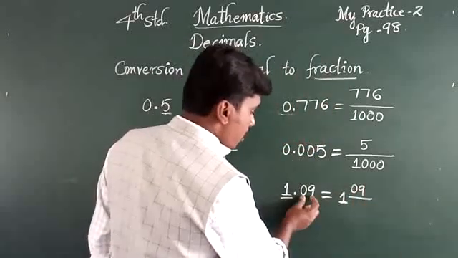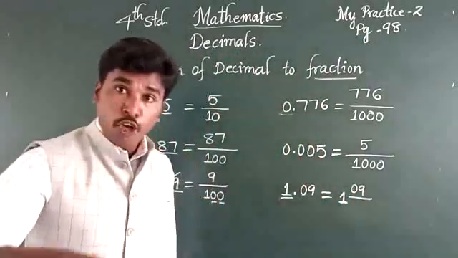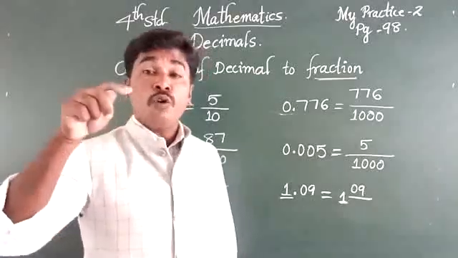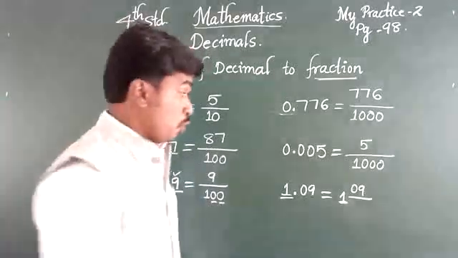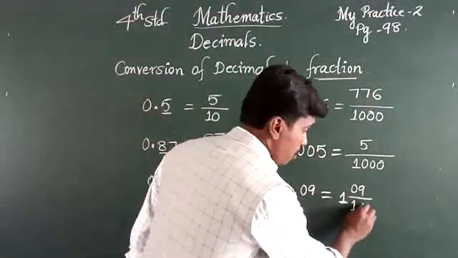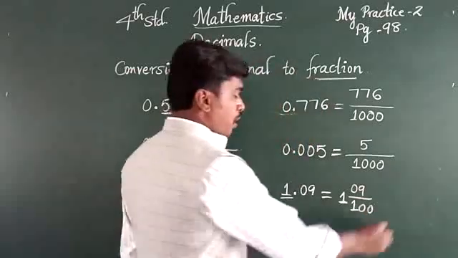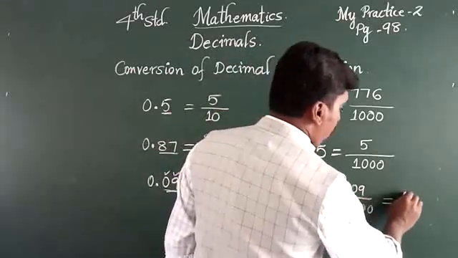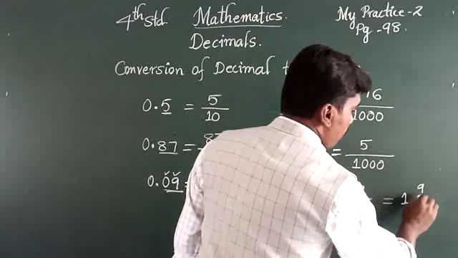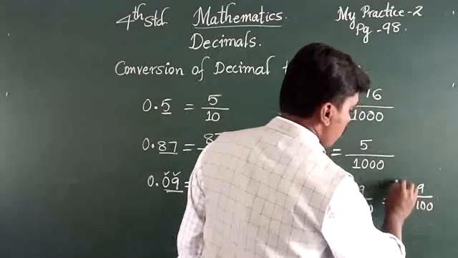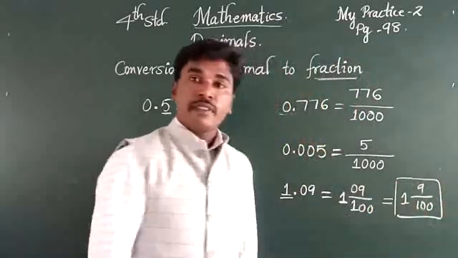How many digits are there? 2 digits. So in the denominator there will be 2 zeros, which is nothing but 100. So it is also called 1 and 9 by 100. So this is the answer.